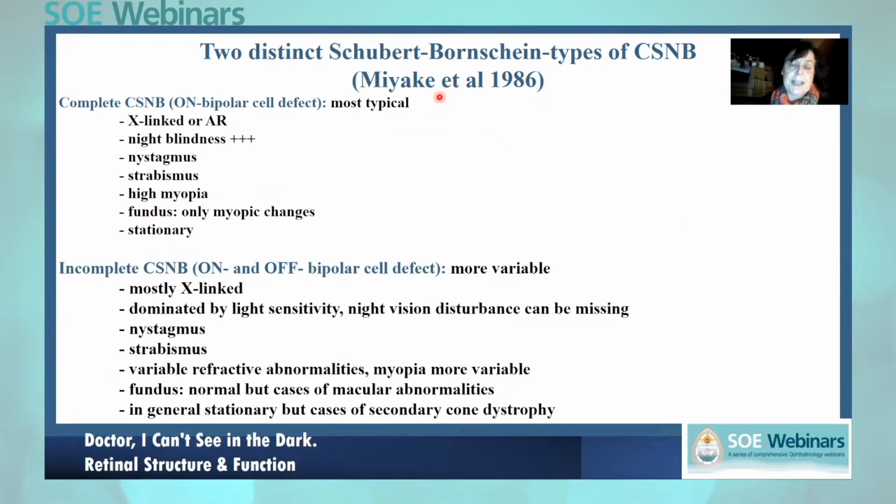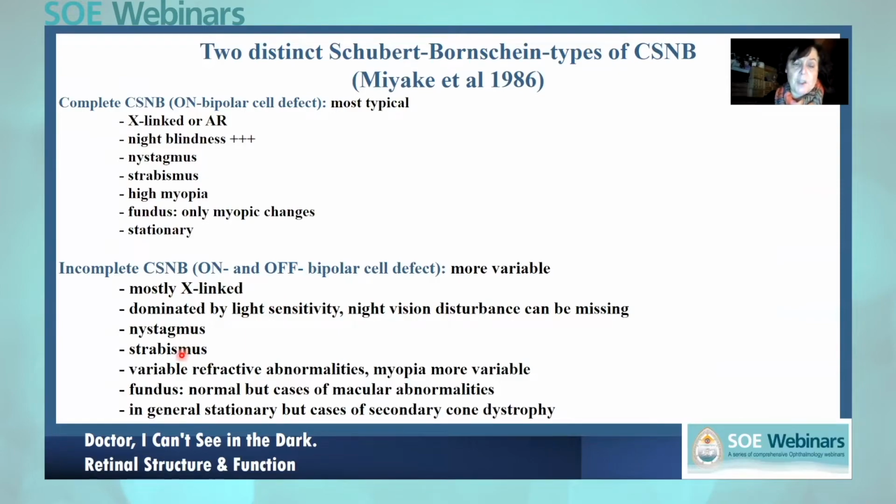Interestingly, the phenotype is slightly different. The complete form is more typical, with possibility of transmission as an X-linked or recessive trait, night blindness, nystagmus, strabismus, high myopia, and normal fundus, except for myopic changes, whereas the incomplete form is a bit more variable, mostly X-linked. Actually, night blindness can be overlooked, and the patient may complain more about light sensitivity.